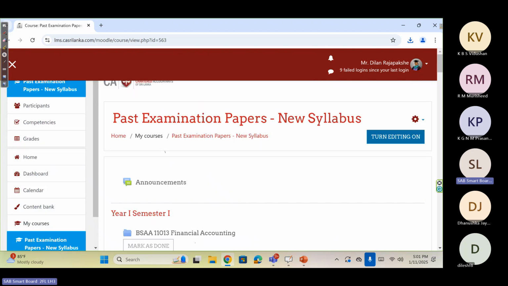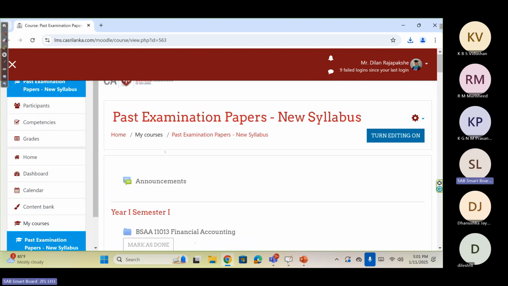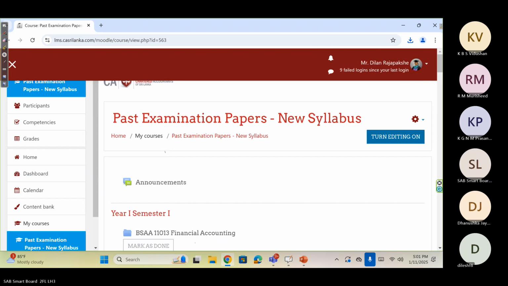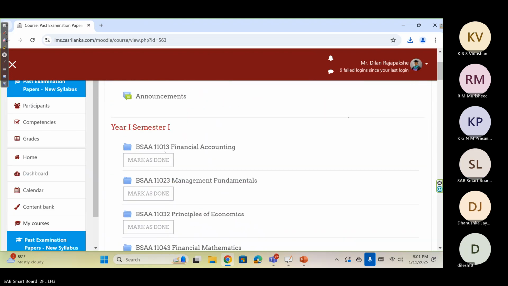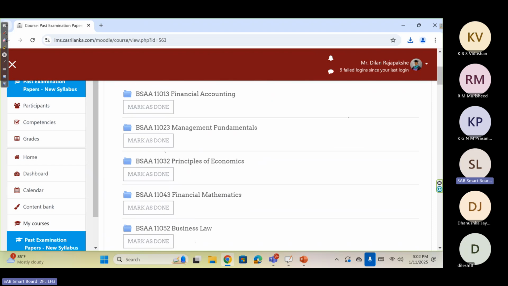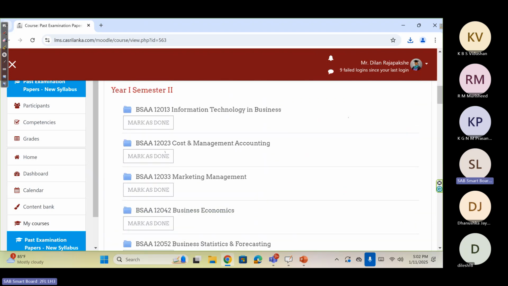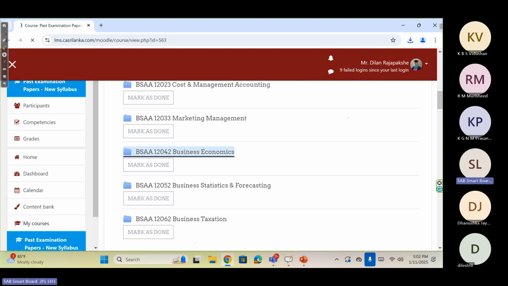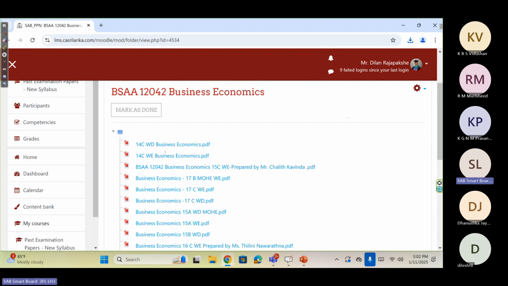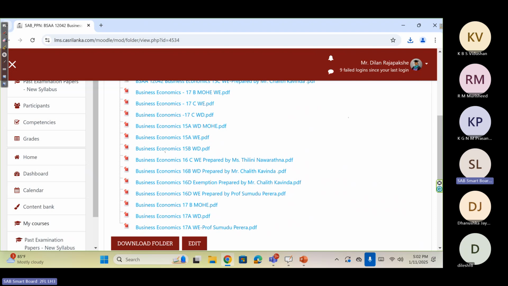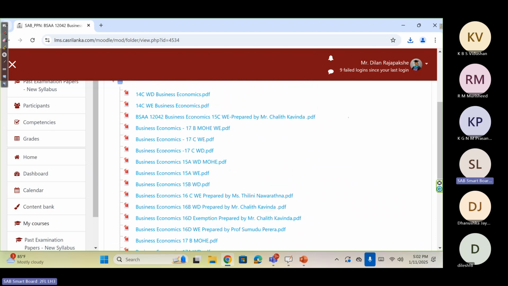You can access the past papers through this link. Then you will have separate folders for separate subjects. We will have a separate folder for business economics as well. And there are papers developed by several lecturers. I joined this institute last year, so I don't see my paper here.